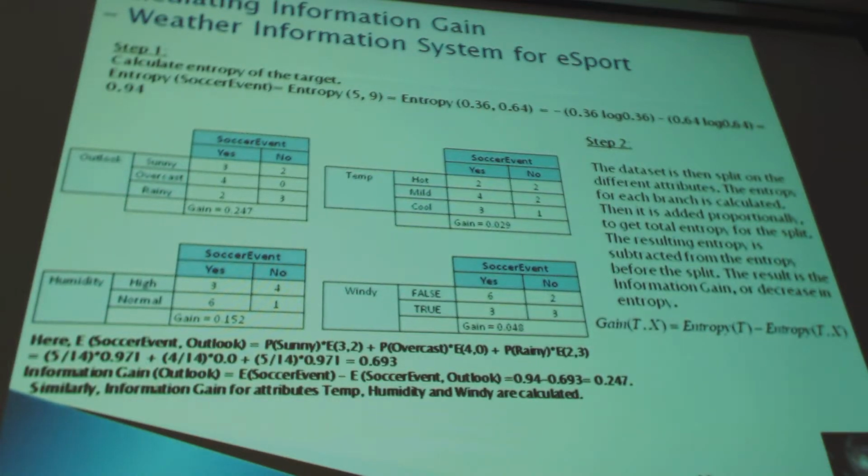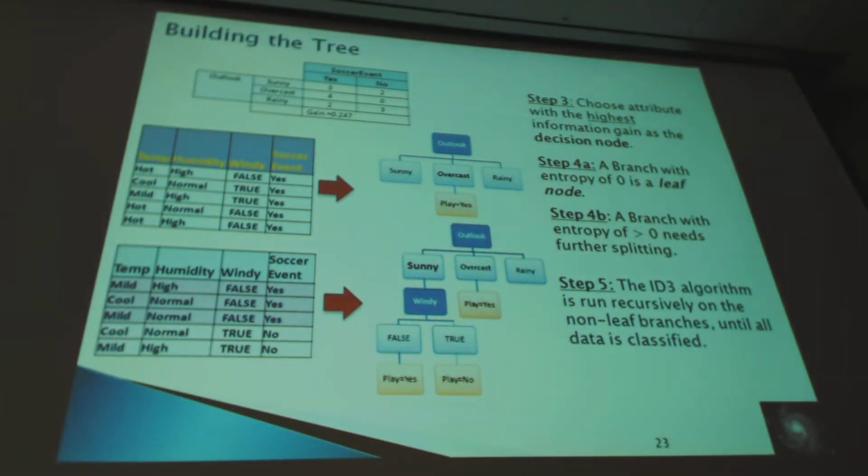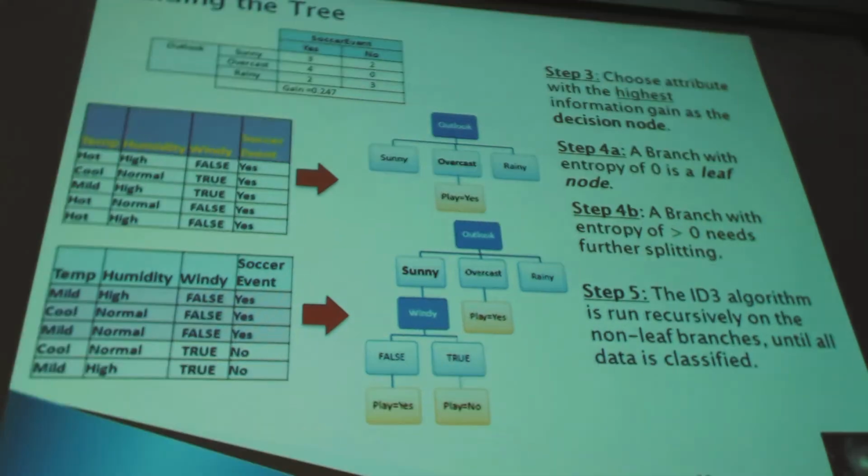Similarly, I calculate for the other attributes, temperature, humidity, and windy, and I see that the information gain for outlook is the maximum. So this becomes the root of the tree. This is how I start building the tree. I pick outlook as the root. The outlook has three values: sunny, overcast, and rainy.